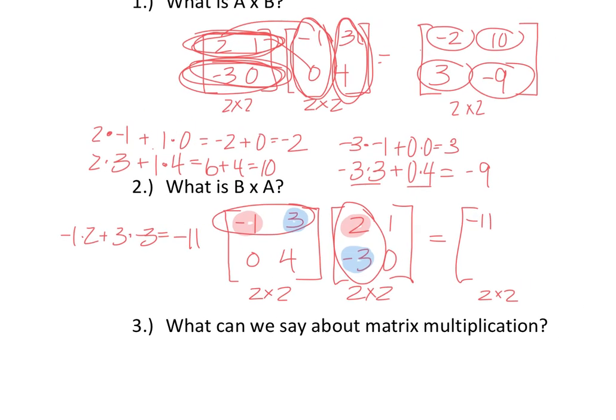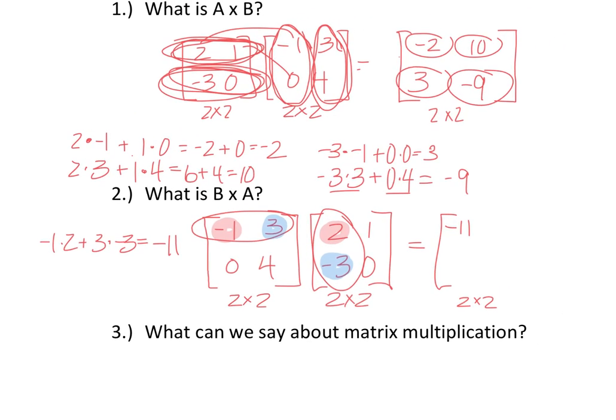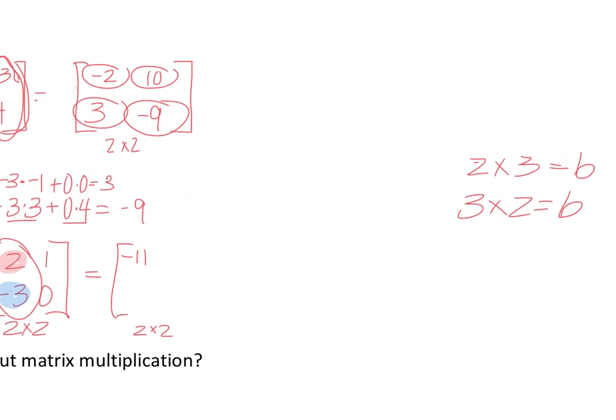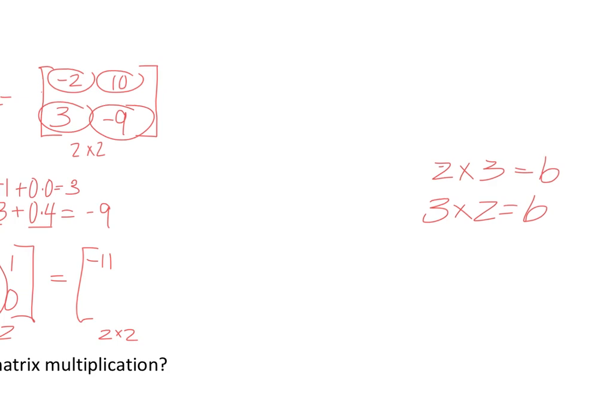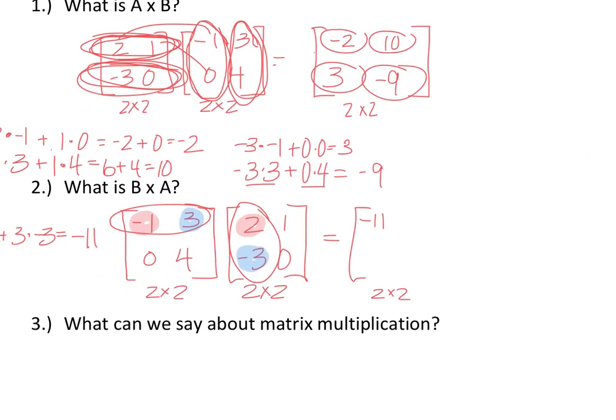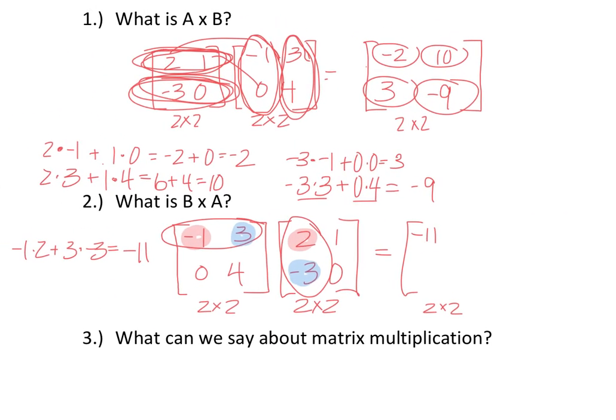Okay, well then we should automatically, after this first problem, notice something. That is not the same number we got above. So either we made a mistake or maybe the order in which we multiply matters. And that's going to be weird because it doesn't with normal numbers. Let me go back over here. 2 times 3 and 3 times 2, but maybe it does with matrices. Well, let's see if this keeps working out.